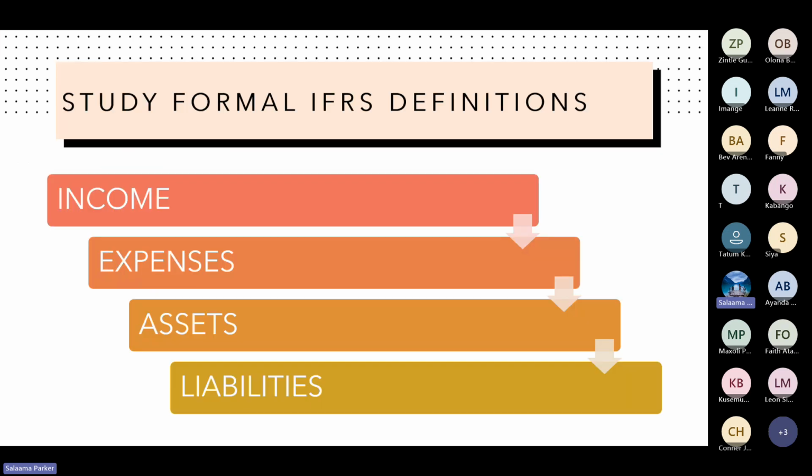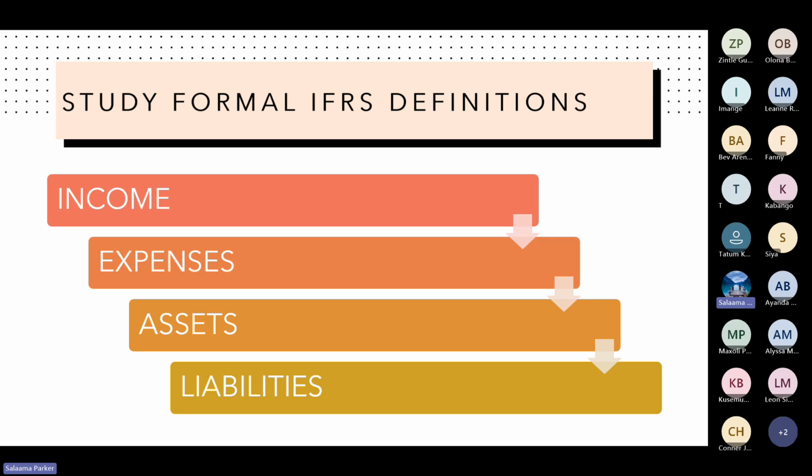But more importantly, in Learning Unit 2, you were introduced to so much theory. I'm sure you are aware of all the definitions, so please again, when it comes to formal IFRS definitions, you have to actually give us those definitions as in the textbook, word for word.